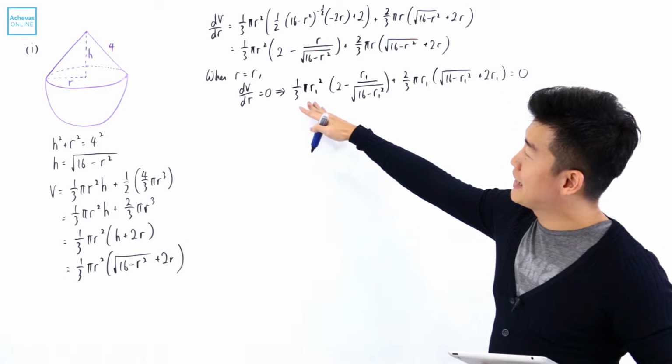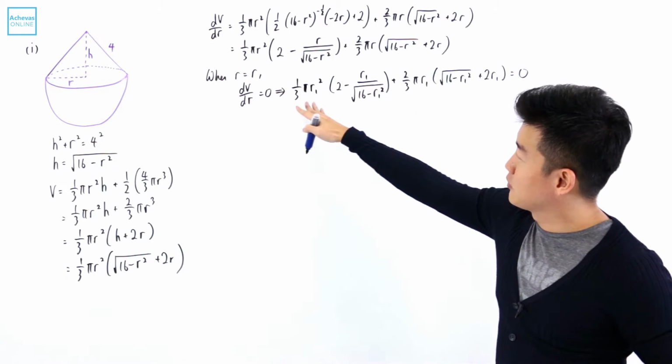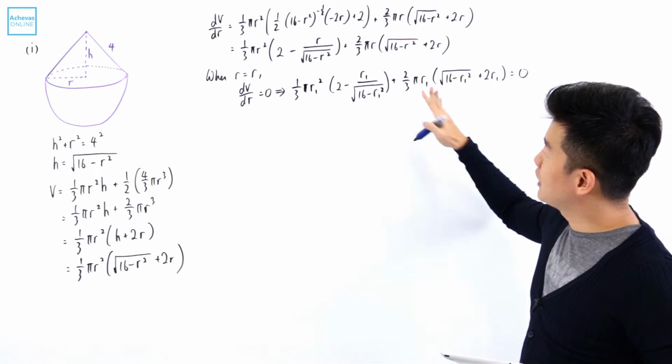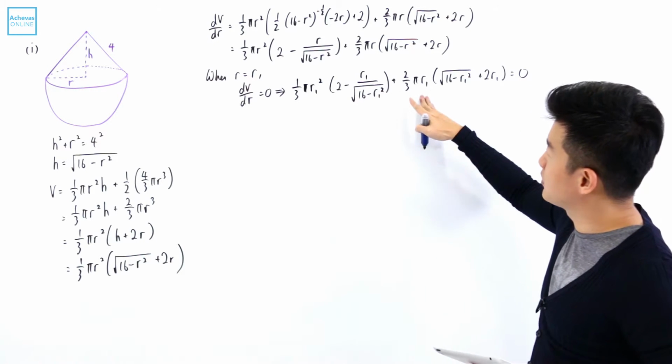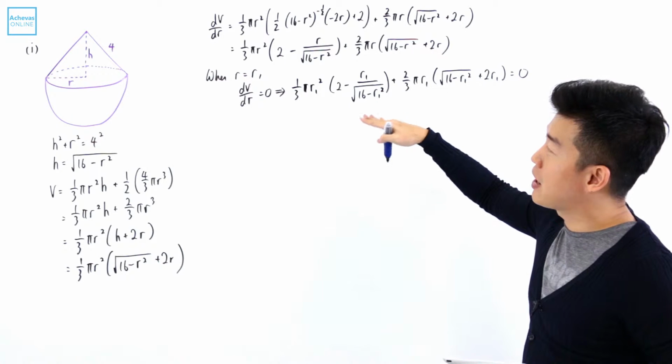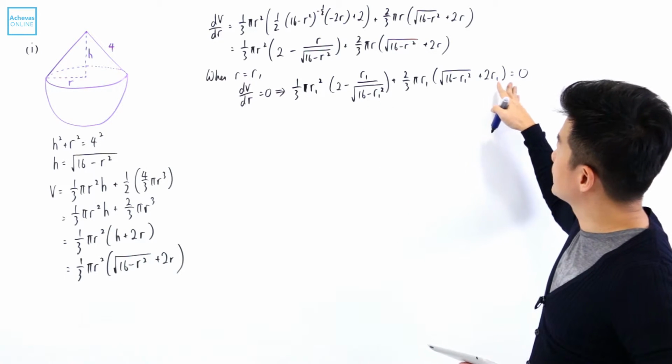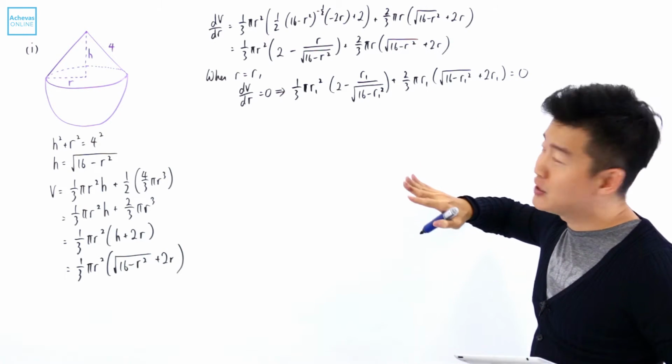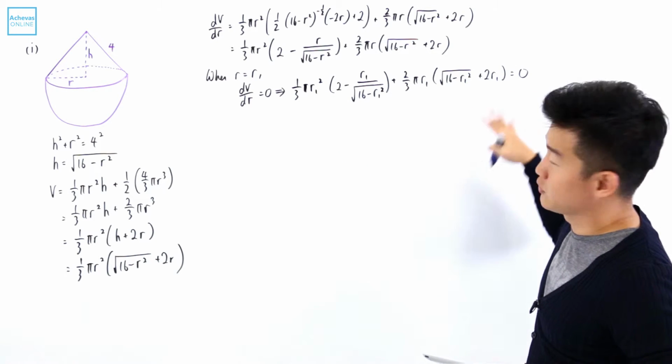Looking at that equation, there's no pi, which means that I'm going to, as much as possible, remove pi, which I can because I can divide throughout by 1 over 3πr1. I know that r1 is definitely not going to be 0, so dividing is totally fine.